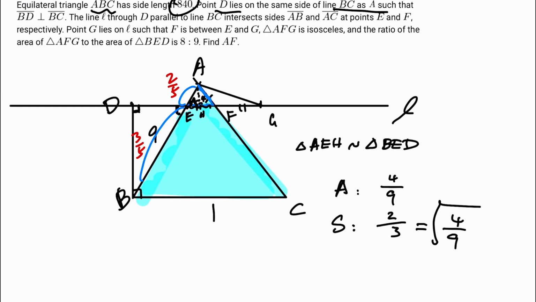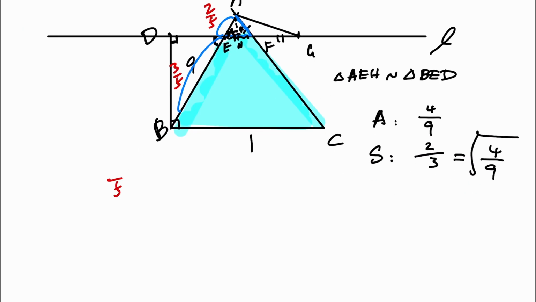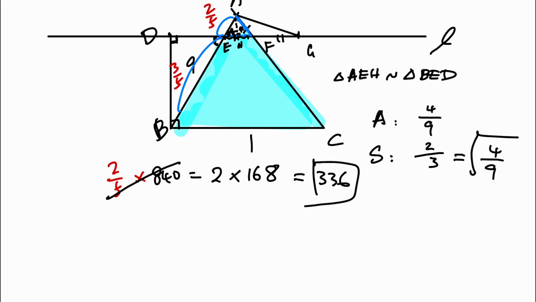So AE also has the same length as AF, so AE is just going to be 2/5 times 840. We can cancel out these two first. We get 2 times 168, which is equal to 336.